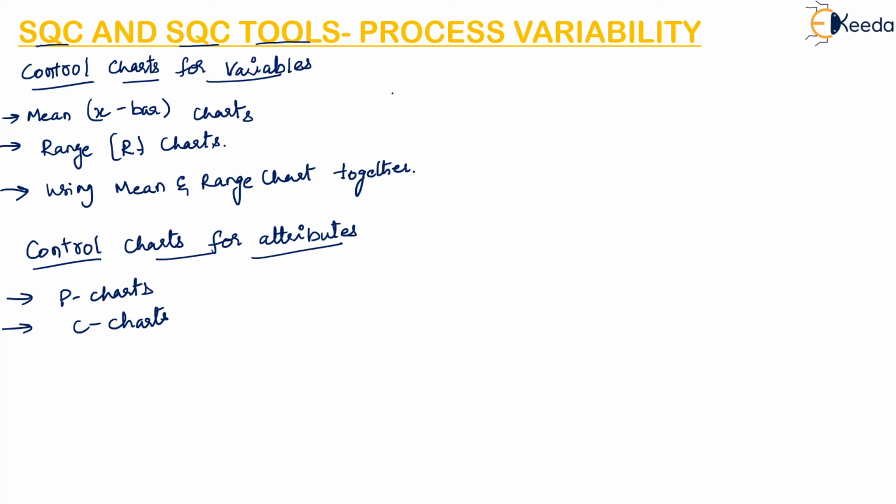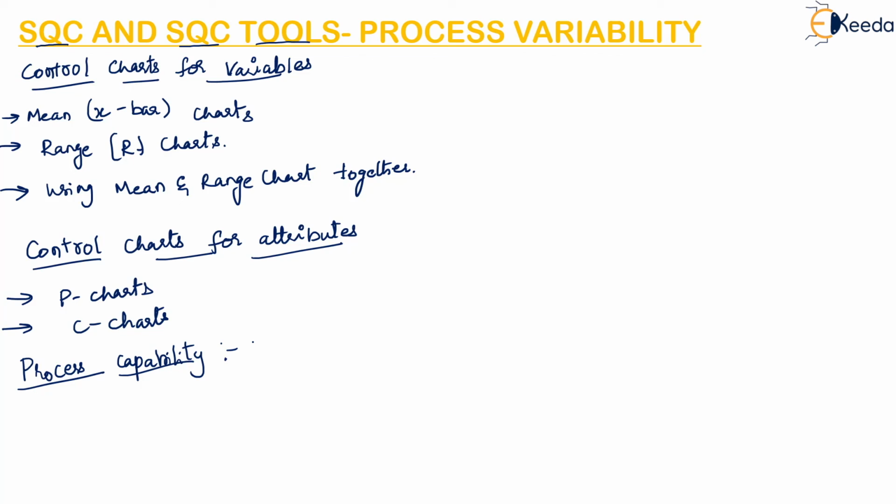The last topic which we are going to discuss here is process capability. We have discussed many ways of monitoring the production process to see that the process is in a state of control and there are no assignable causes of variation.